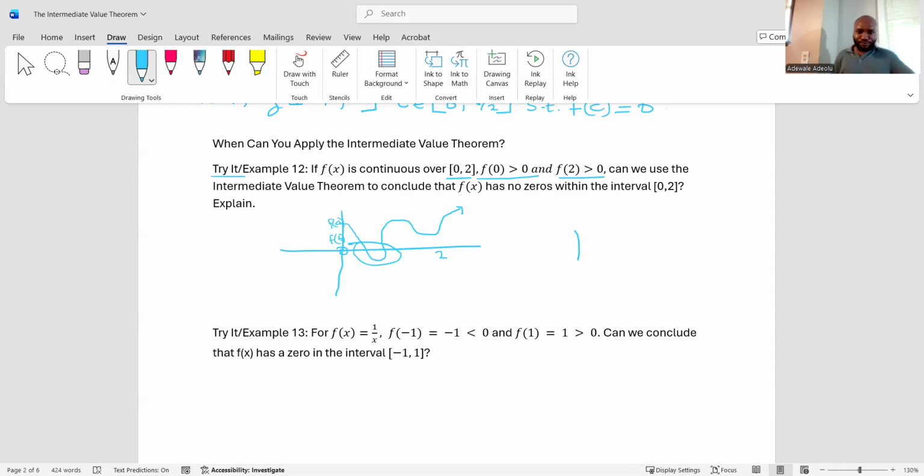So in this case, we will say, no, we cannot make such a conclusion.